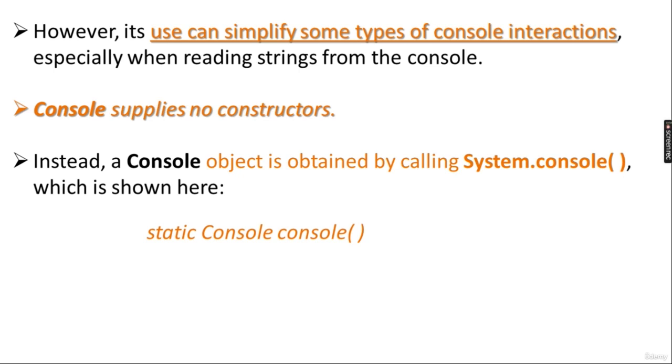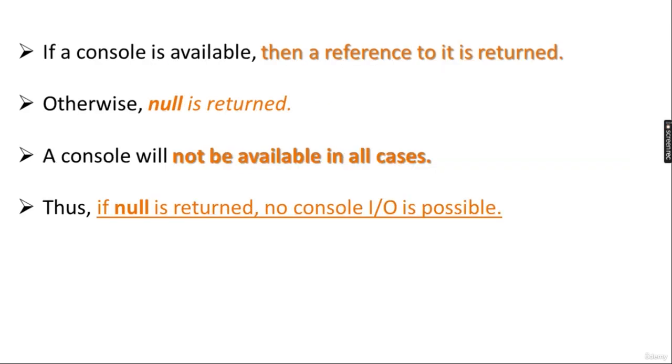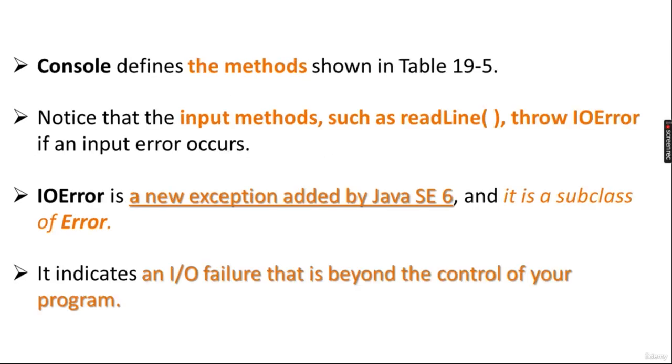The method is static and returns the Console object, but it has no constructors. If a console is available, a reference is returned, otherwise null is returned. Console will not be available in all cases. If null is returned, no console input output is possible. So first you have to check if the console is available or not, and then interact with it.